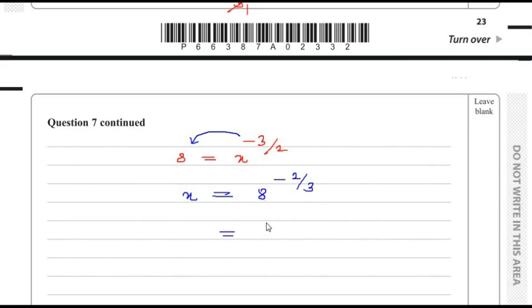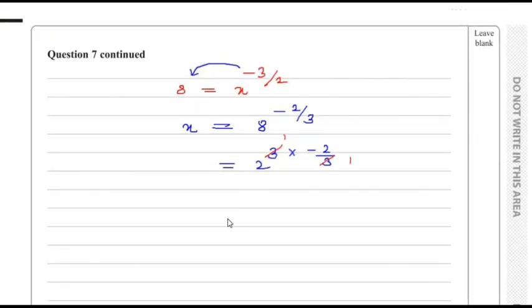Now 8 can be written as 2 to the power of 3. So here in place of 8 we replace it by 2 to the power of 3, which multiplies with the power -2/3. Again there is a division, 3 one times, 3 one times, and we are left with x is equal to 2 to the power of -2.